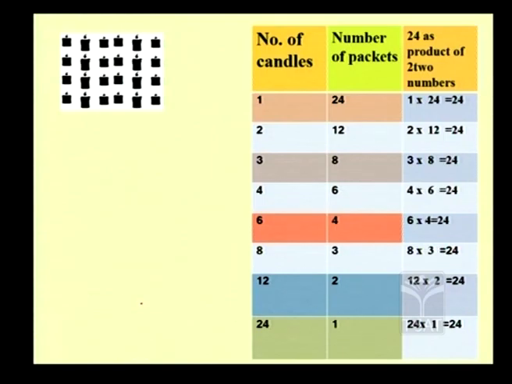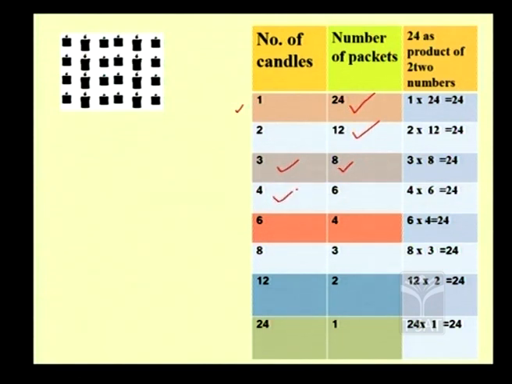Let us discuss. If we have to pack with one candle, we can make 24 packets, each packet having only one candle. When we have to pack with two candles, we can make 12 packets, 2 into 12, 24. And here we can pack with 3 candles, that is 8 packets.